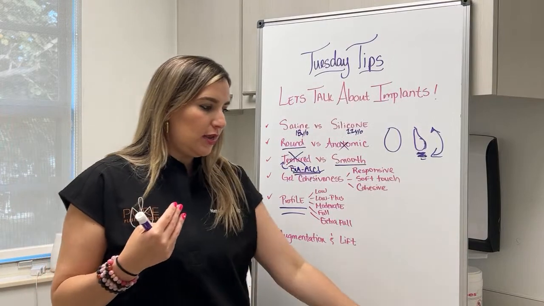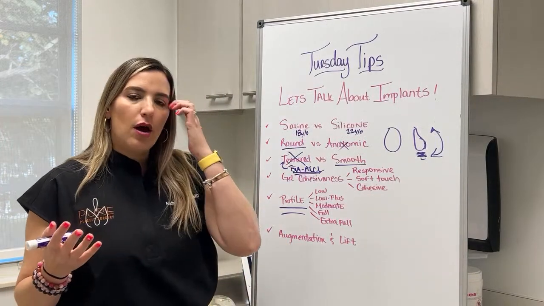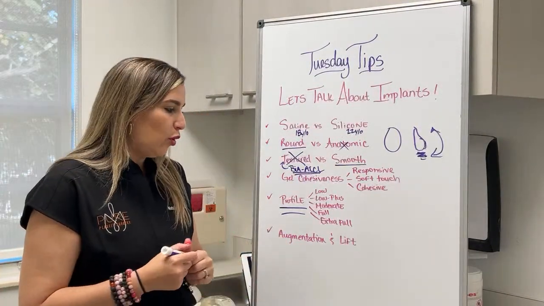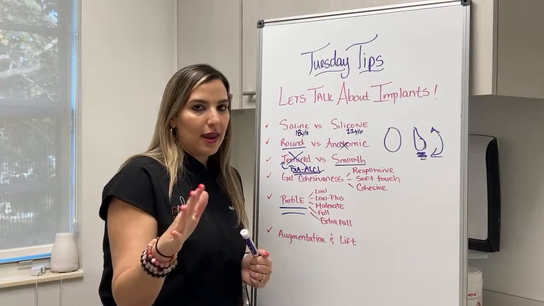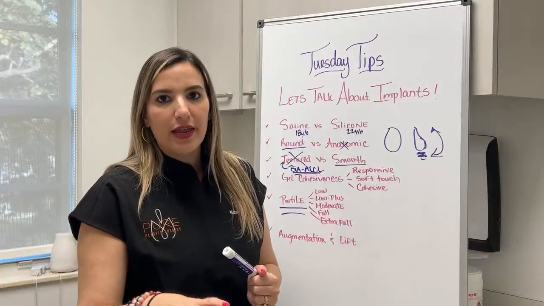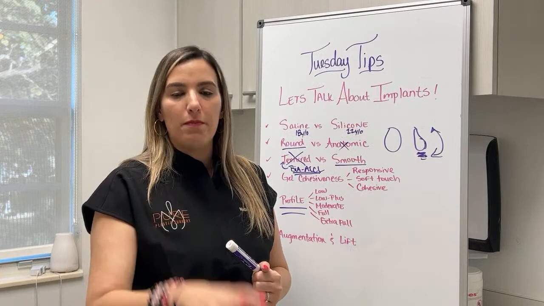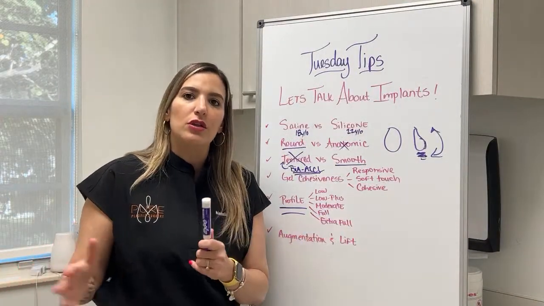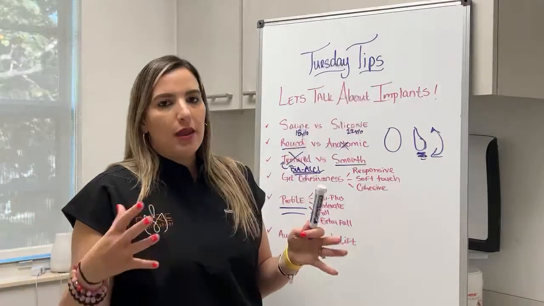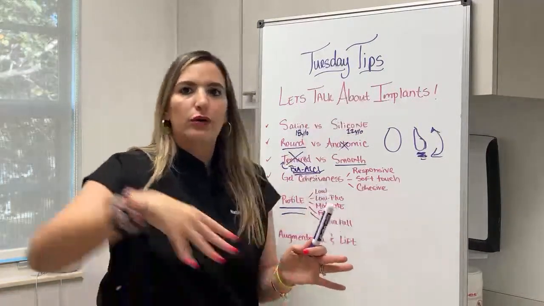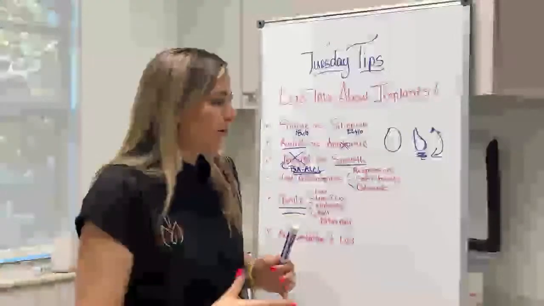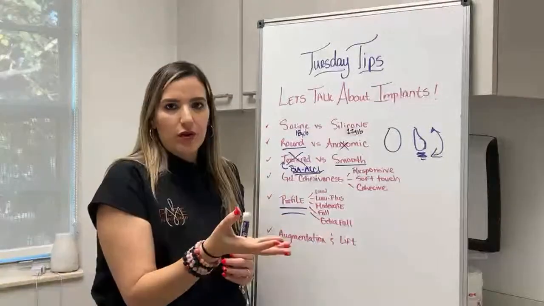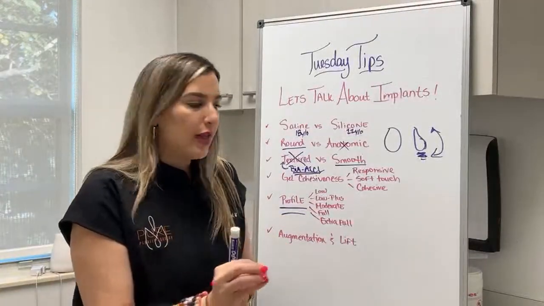Here I have the three more common profiles. I'm mentioning Allergan, which is a product that I use, but Mentor and Sientra also have different classifications on their profiles, but they basically go from lower to higher or fuller. So these are the names, or the nomenclature, that you're going to see with Allergan implants.